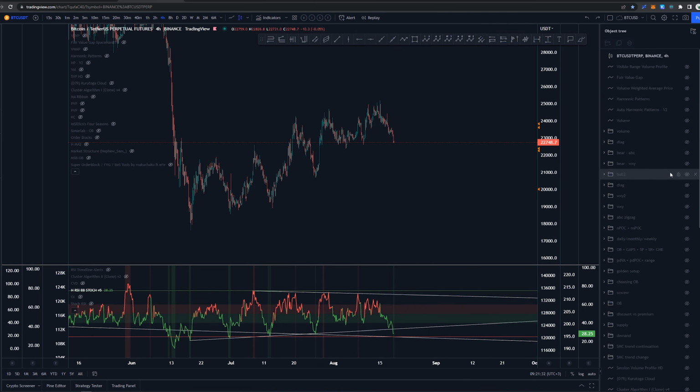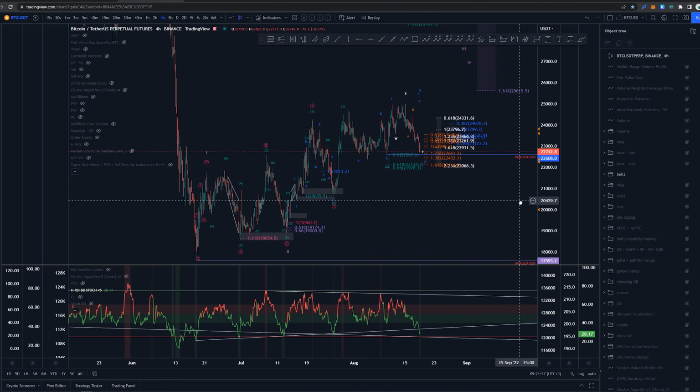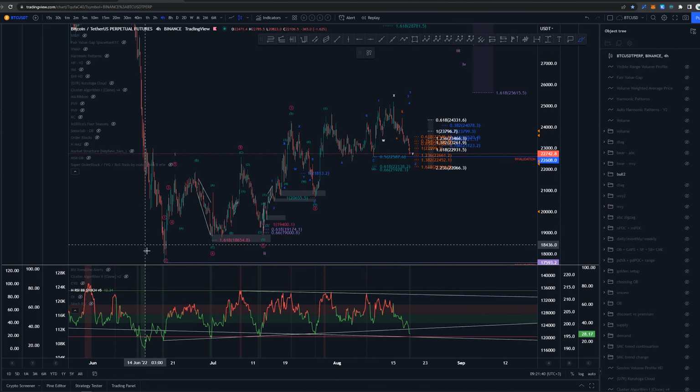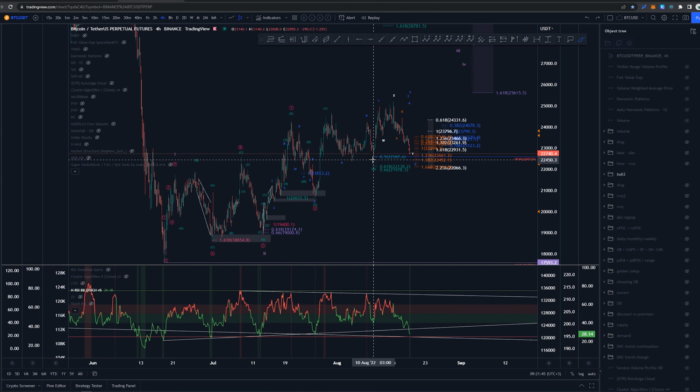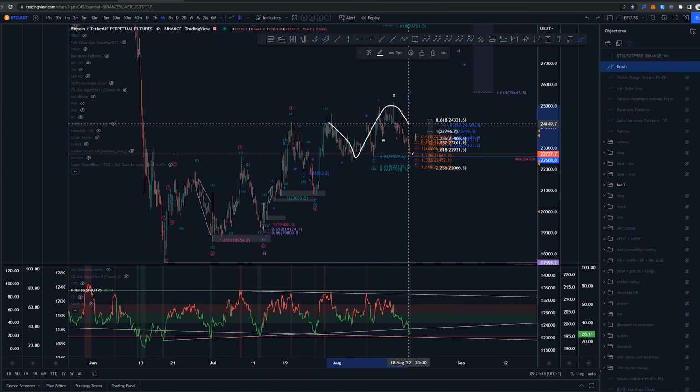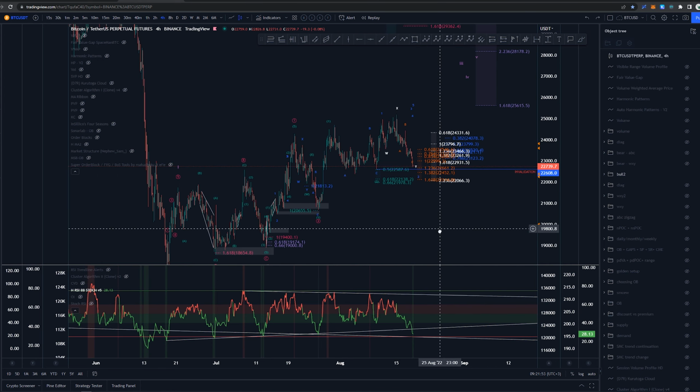But let's go through the counts that we had, starting with the most unlikely, again with the bullish idea, saying that we have this as a 1-2, a 1-2 and another 1-2, possibly ending here, or this would be some kind of three-way pattern like so, coming down a bit more and then continuation upwards.